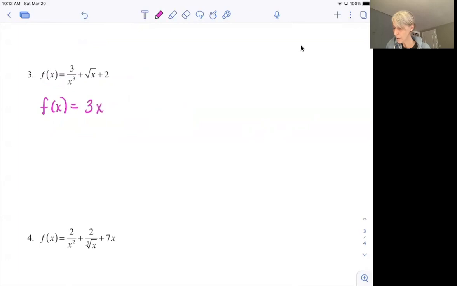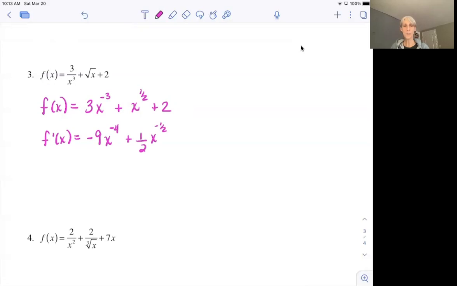3x to the -3 x to the 1/2 plus 2. So f prime of x is going to equal -3 times 3, -9, x to the -4, 1/2, x to the 1/2 minus 1, -1/2, and 2 just becomes a 0.